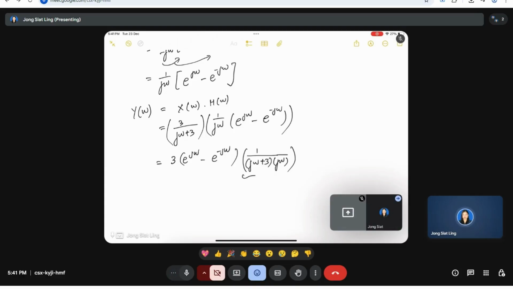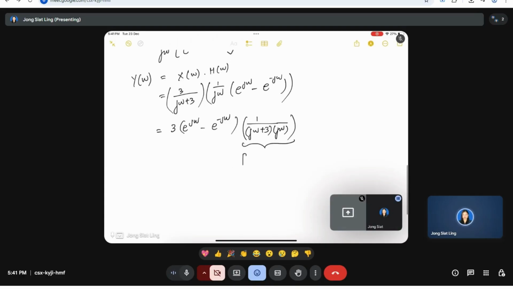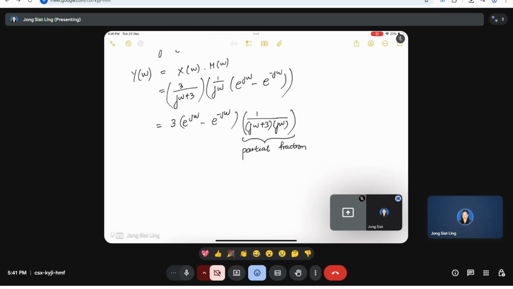For this part, we can do the partial fraction expansion. Since j omega is quite troublesome, we assume that s is equal to j omega.